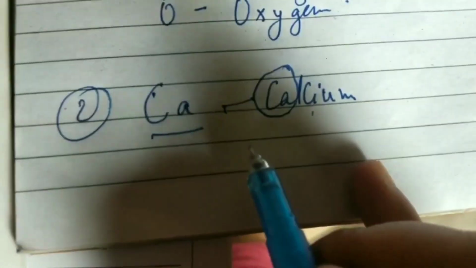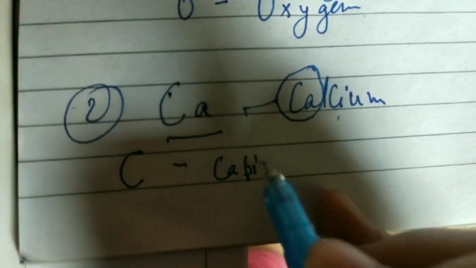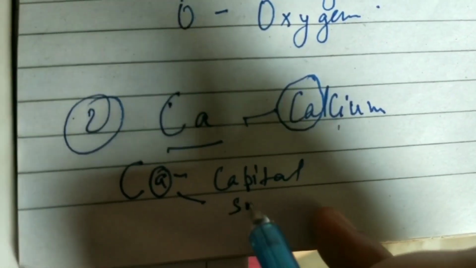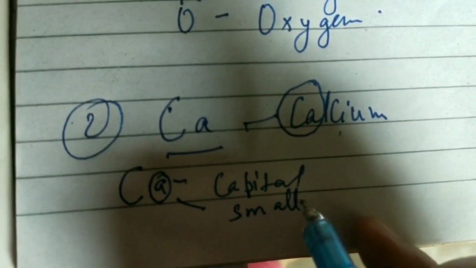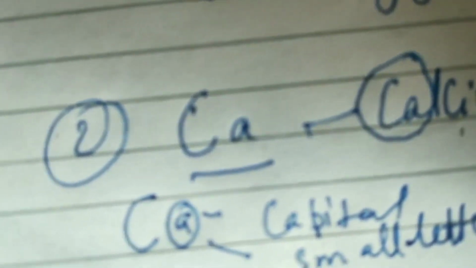The first letter, the C, will be in capital, and the A will be in small letters. That means the first will be an uppercase letter, and the second will be in lowercase, or small letters, as we say normally.